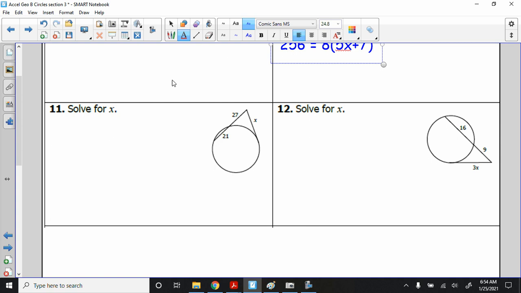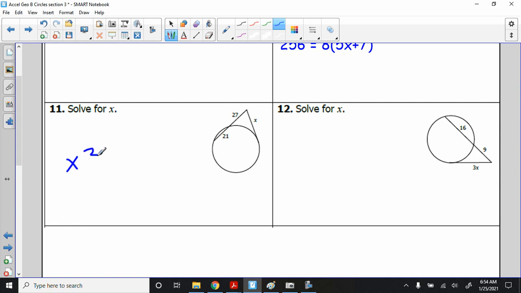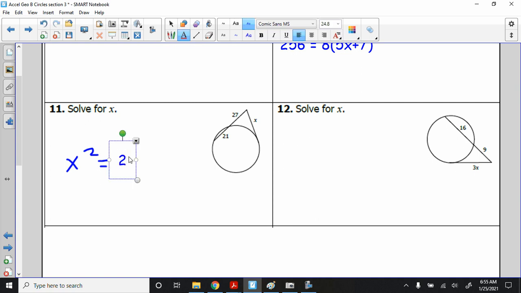Number 11, we are going to have x squared. So x times x equals 27 times the sum of 27 plus 21. So let me do that on my calculator.